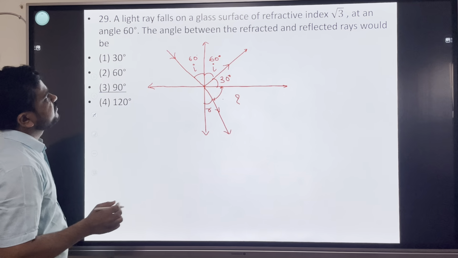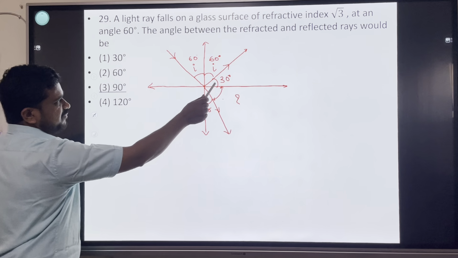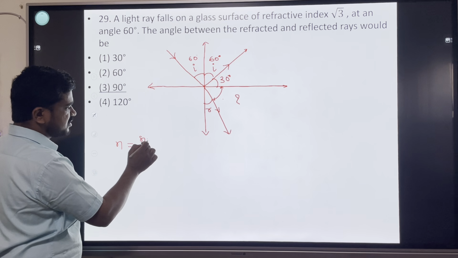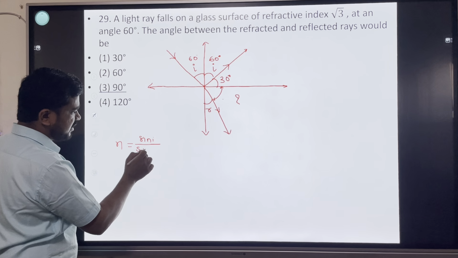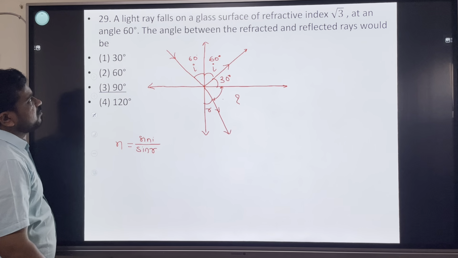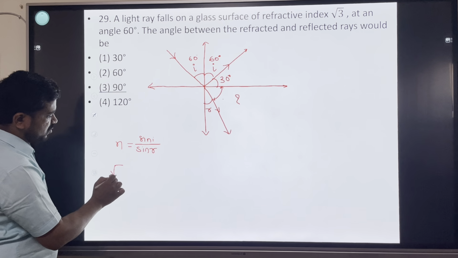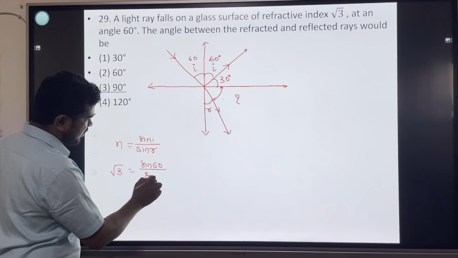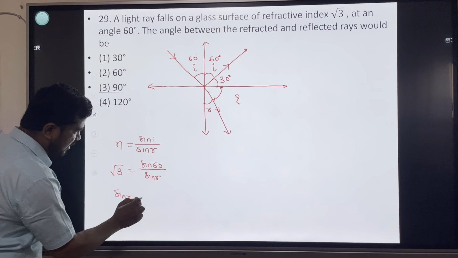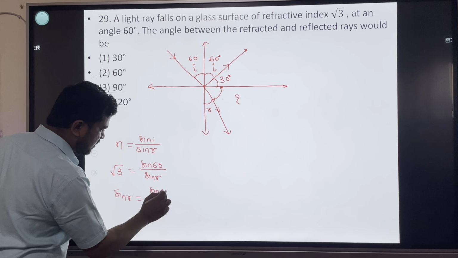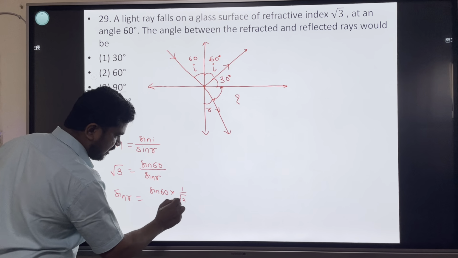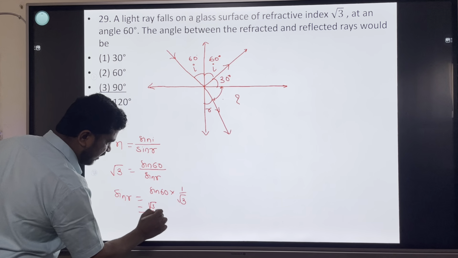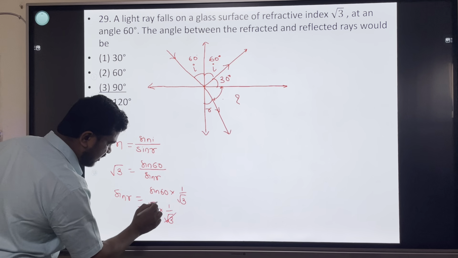Now see, angle between reflected and refracted rays. Snell's law: n equal to sin i divided by sin r. Refractive index root 3 is equal to sin 60 divided by sin r. Sin r equal to sin 60 into 1 upon root 3. Sin 60 value is root 3 divided by 2 into 1 upon root 3, cancel.